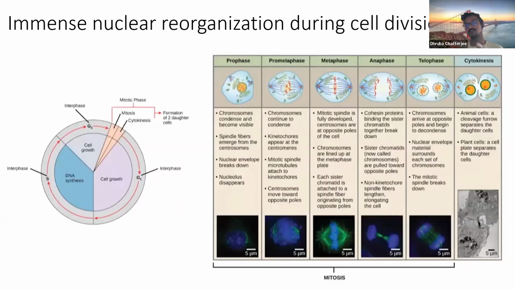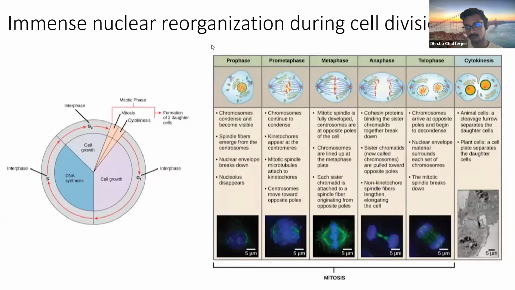Prophase, metaphase, anaphase, telophase is a kind of division of the nuclear contents between the two daughter cells that are going to be formed, and cytokinesis is actually the final division of the cytoplasmic contents, including the endomembrane or membrane-bounded compartments like mitochondria, endoplasmic reticulum, Golgi apparatus, etc., between the two daughter cells.